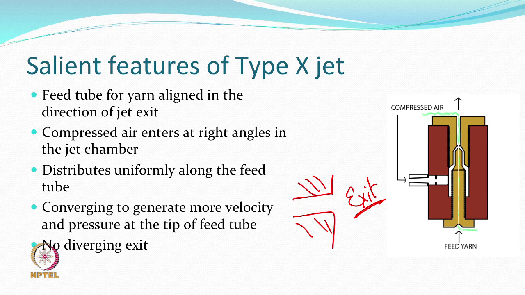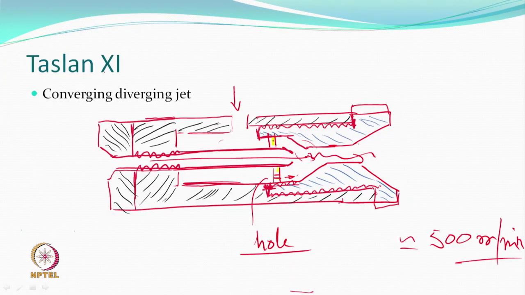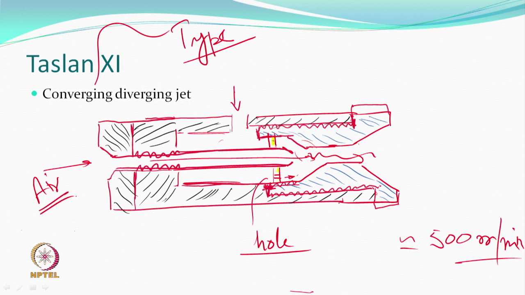So, the previous research was almost thrown out. Then the Tusslin type 11, you see some difference here. The air is coming from here, obviously compressed air.